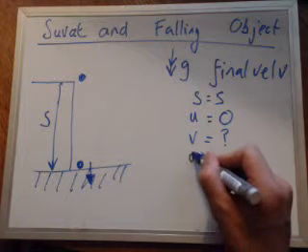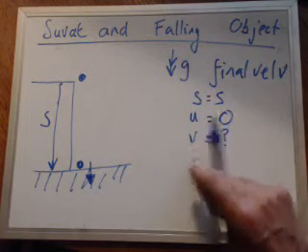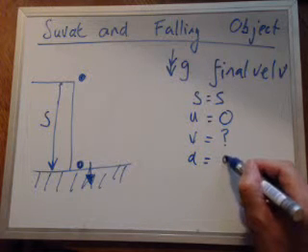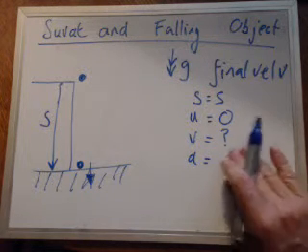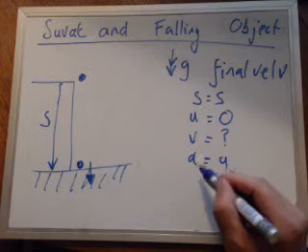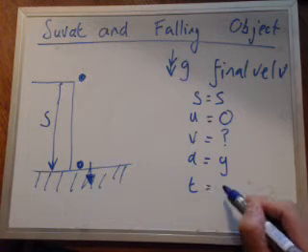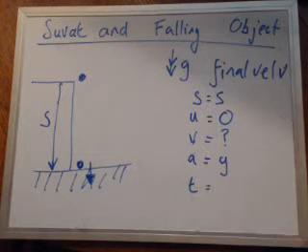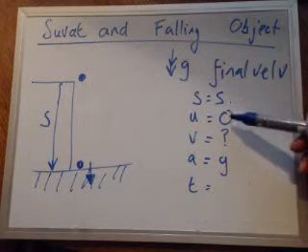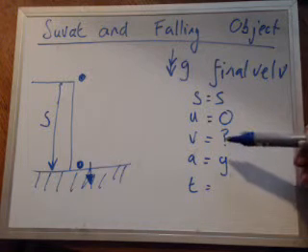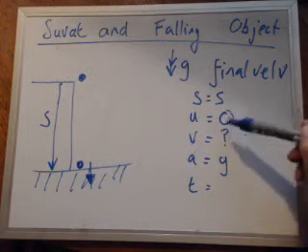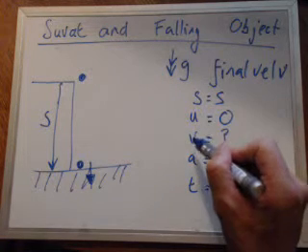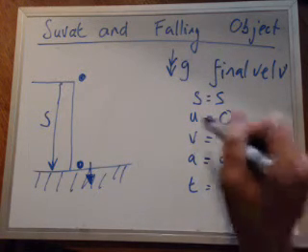The acceleration, I'll keep algebraically, acceleration is equal to g, and the time, well, we don't know what the time is. But we do have 1, 2, 3 knowns and 1 unknown, so this is fantastic. We know S, we know a, we know u.